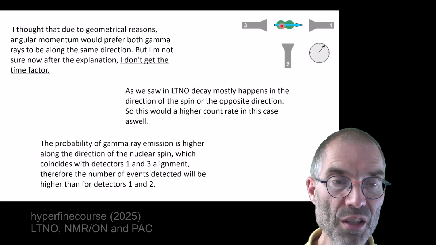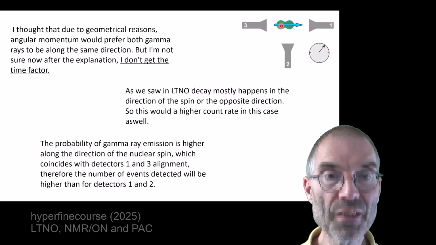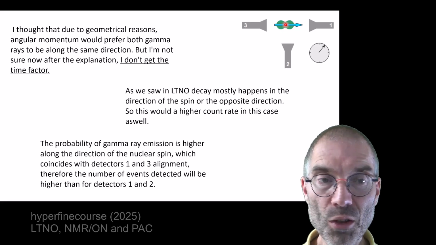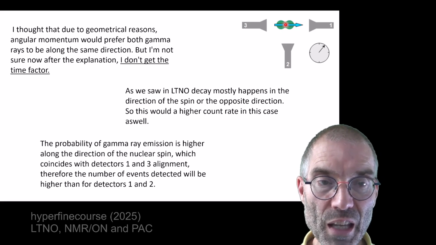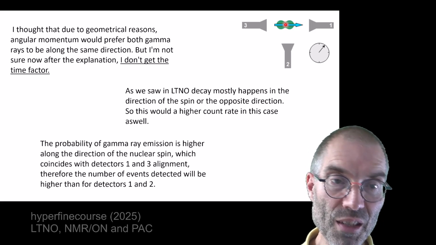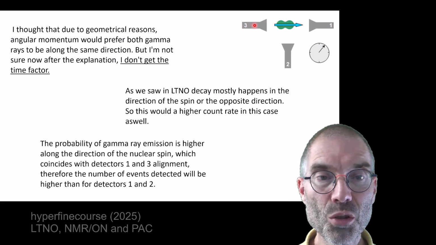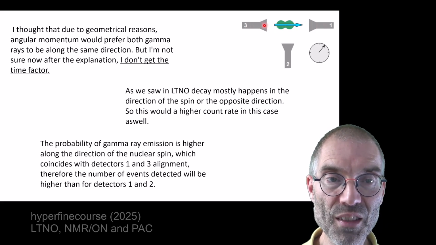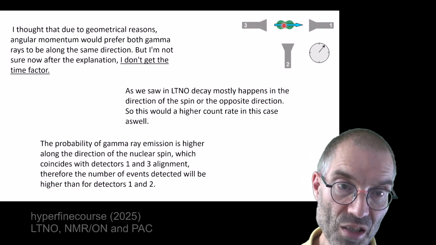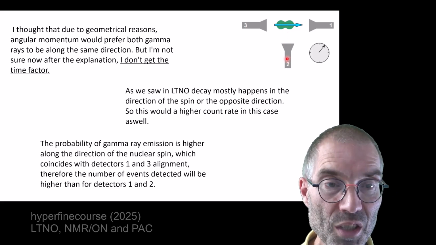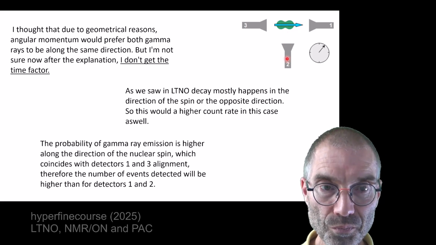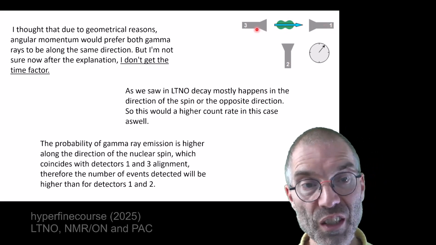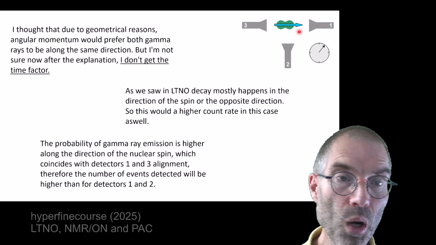So after the emission of gamma 1, it enters the intermediate state, and after a while, depending on the lifetime of that intermediate state, it will either emit the second photon in the direction of detector 3, most likely, as the spin is pointing in that direction, or, less likely, but not impossible, in the direction of detector 2. So you will have more counts in the 1-3 emission than in the 1-2 emission.